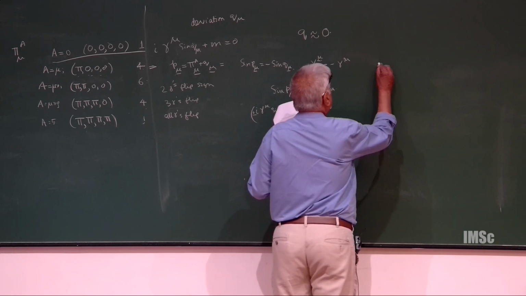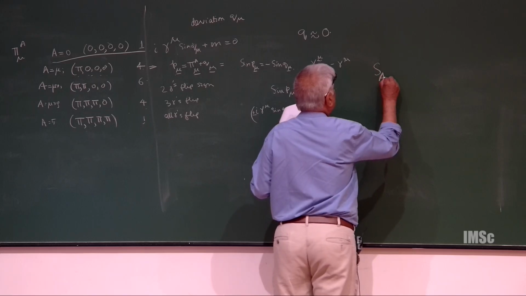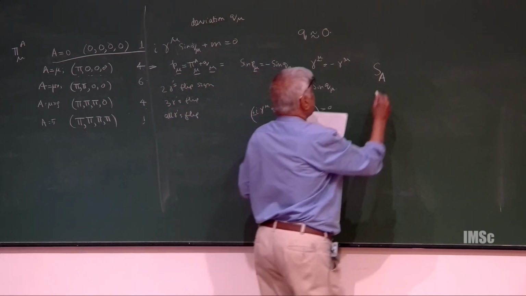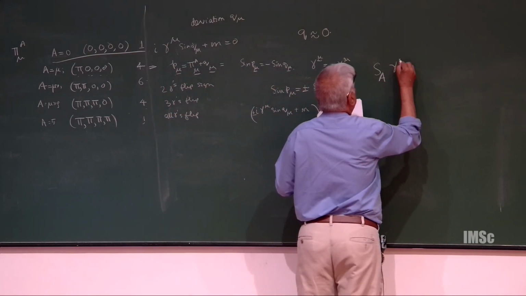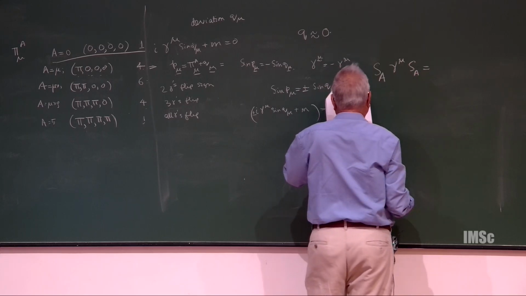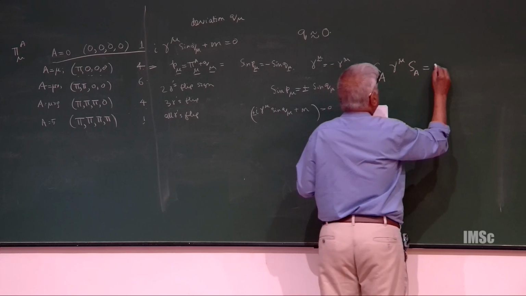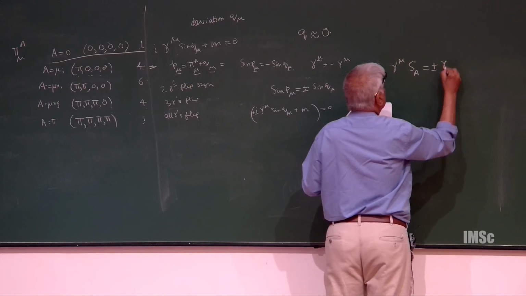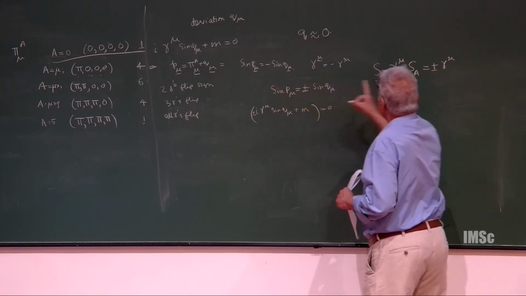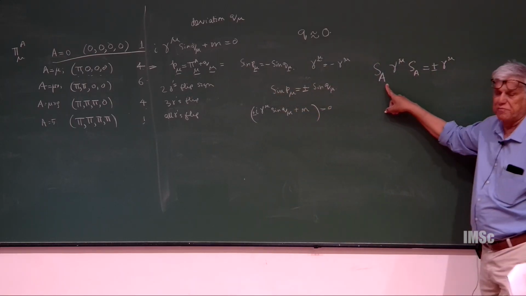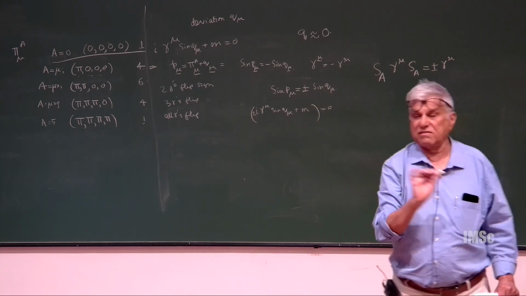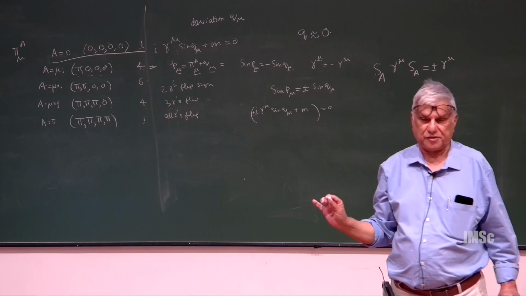So we look for a unitary transformation S_A, where A stands for these labels, in such a way that S_A† γ^μ S_A is ±γ^μ. Where gamma is flipped in sign, S will also flip the sign. Where gamma hasn't flipped the sign, S does nothing to the gamma matrix.